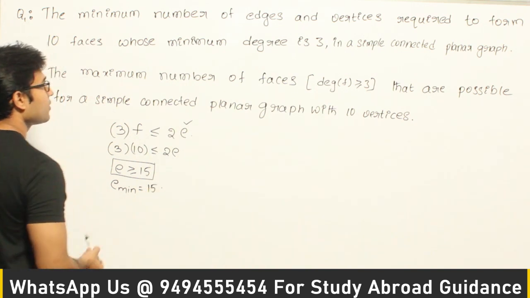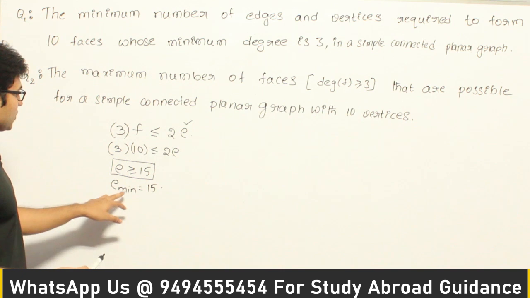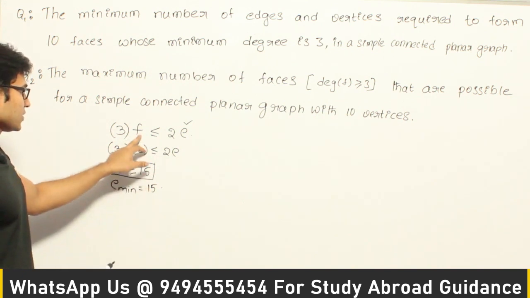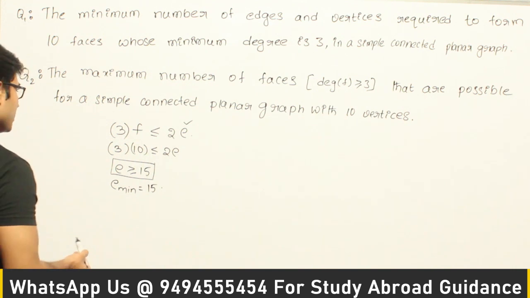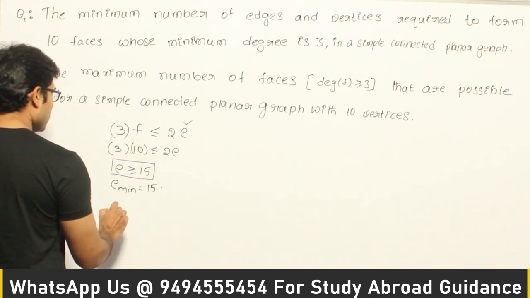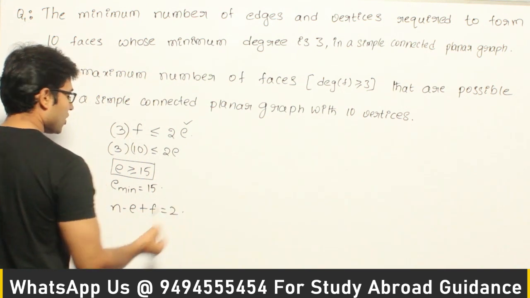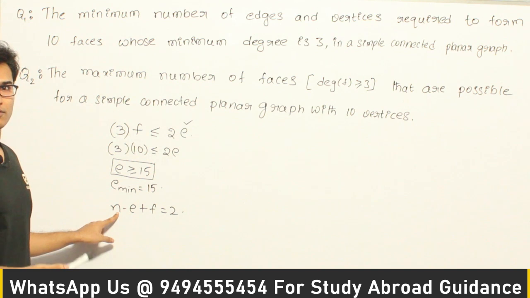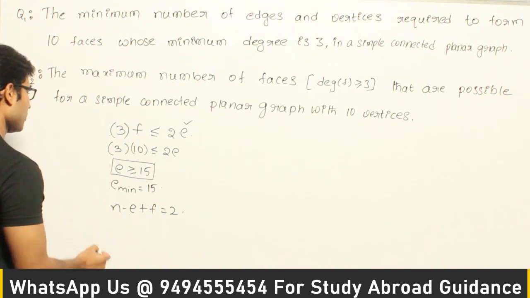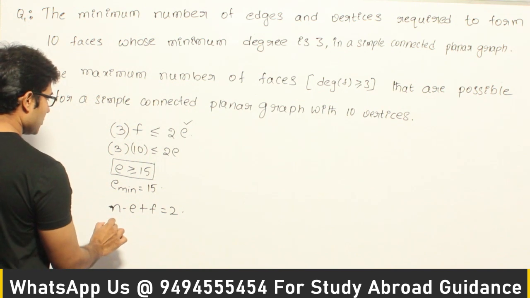Now we are supposed to find out the minimum number of vertices as well. So let's use this number and the faces, and we can use Euler's formula to find out the number of vertices, right? So according to Euler's formula, we know that n minus E plus F equals 2. Now if you try to find out the number of vertices, that is going to be the minimum number of vertices, right? So when the edges are minimum, vertices are going to be minimum as well.